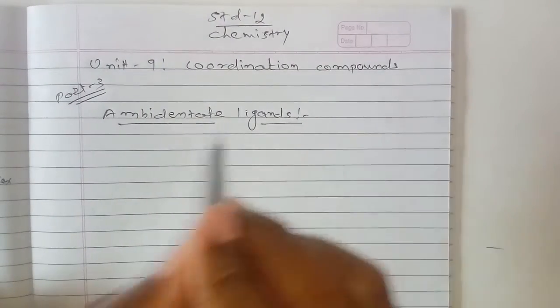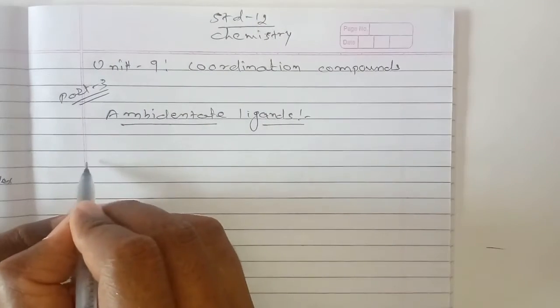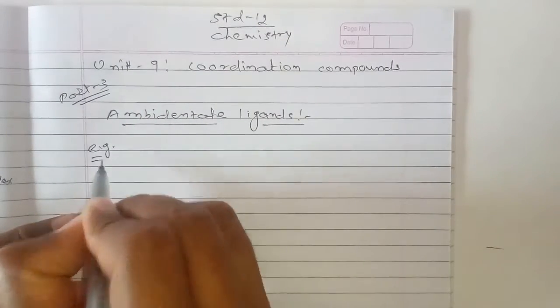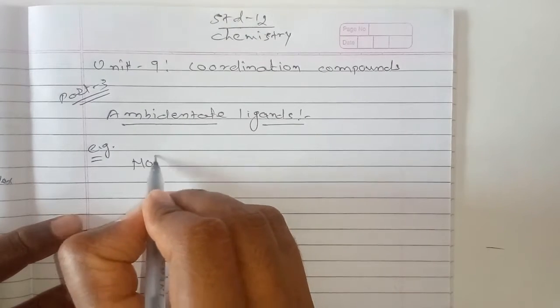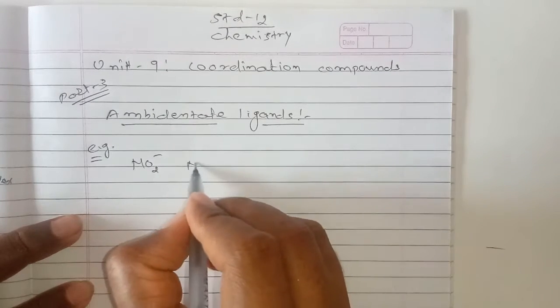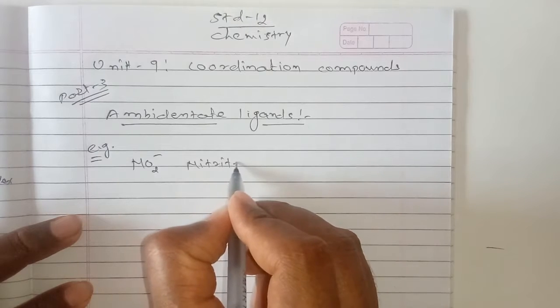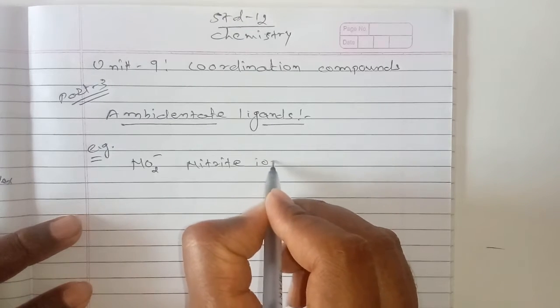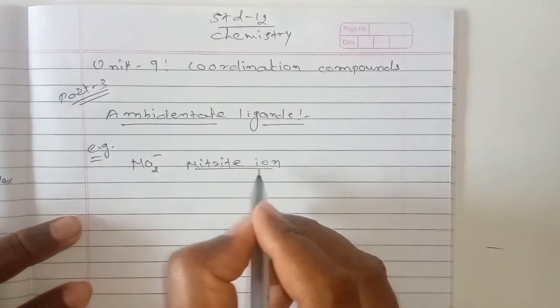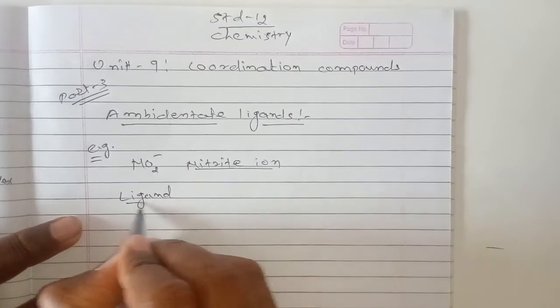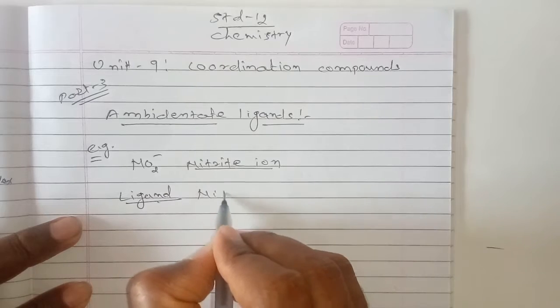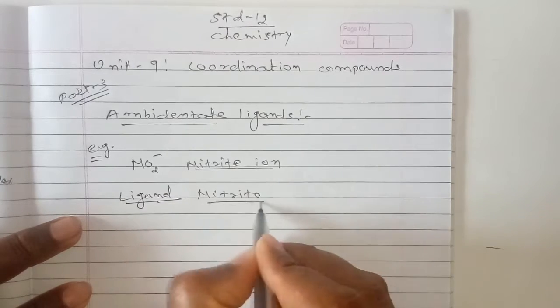Here we discuss ambidentate ligands. Have a look at this example. NO2 minus is called the nitrite ion, but as a ligand it is called nitrito.